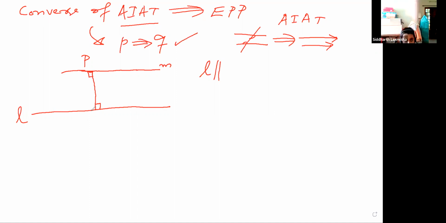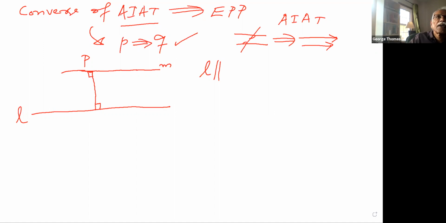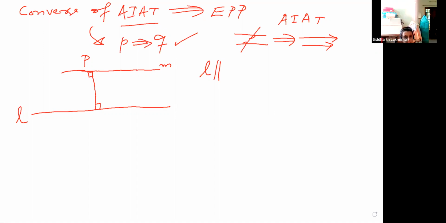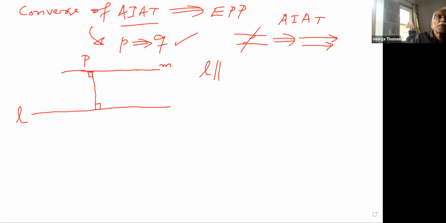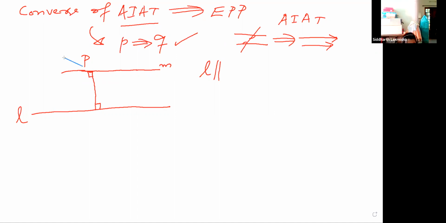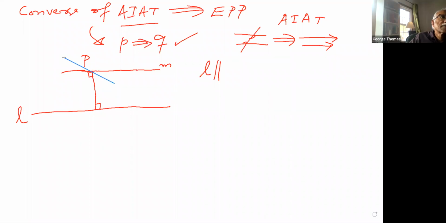Yeah, but what we have to prove is using the converse of AIAT. If the alternate angles are equal, the lines are parallel. Right. So you are right. Then we have to use EPP. Yeah, we have to prove EPP. Yes, so you are right. This is an easy problem.